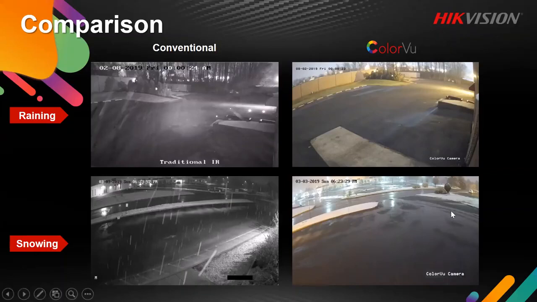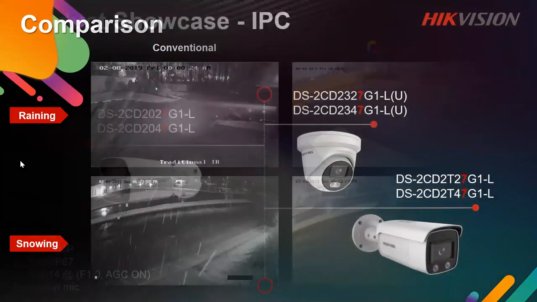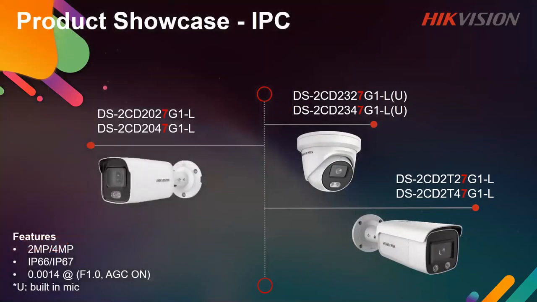But with the ColorVu camera, you're introducing light, color and more detail within the scene. It's more defined and easier to identify somebody, and you don't have the disadvantage of IR LEDs in the camera housing bouncing off the snow or the rain, triggering VCAs.